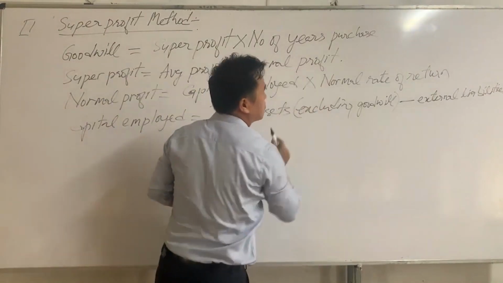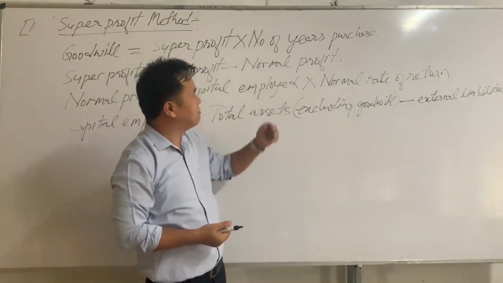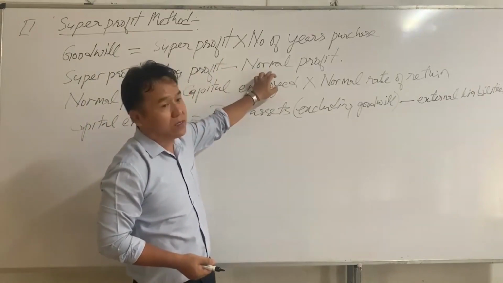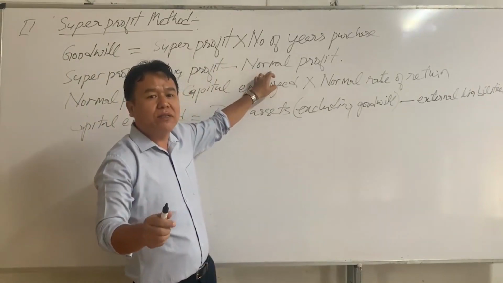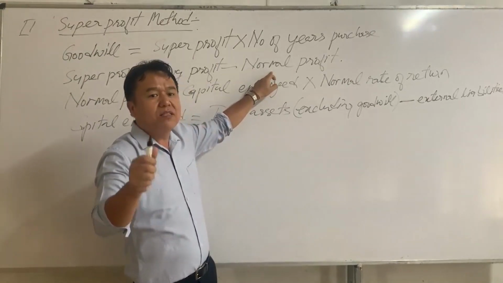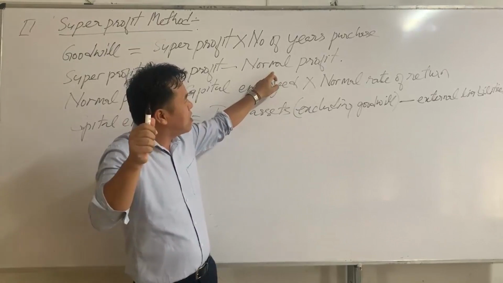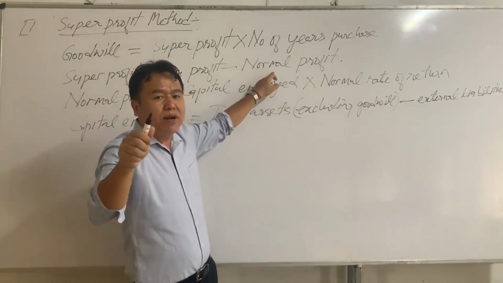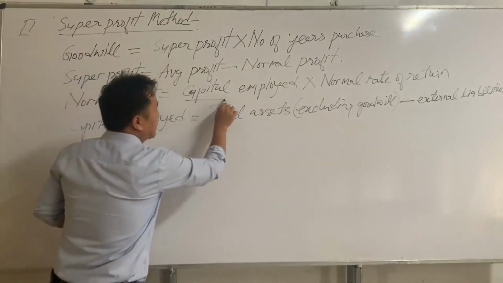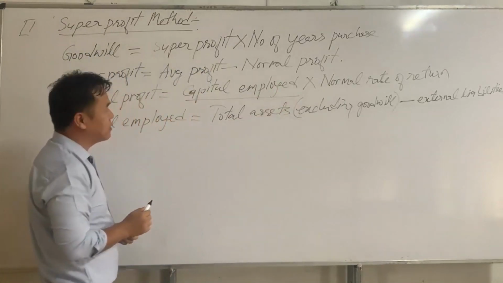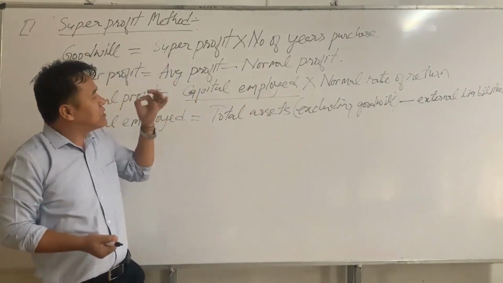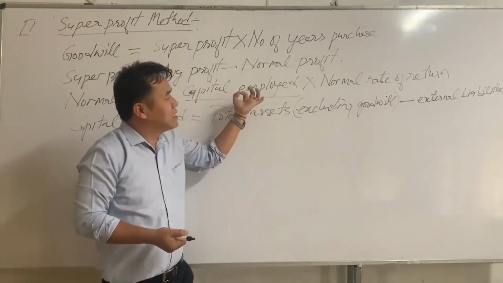So what is normal profit? Normal profit means the profit which is supposed to be earned on capital employed by every firm in the same business. Here, capital employed means capital invested, which means the amount invested by the owner in the firm.